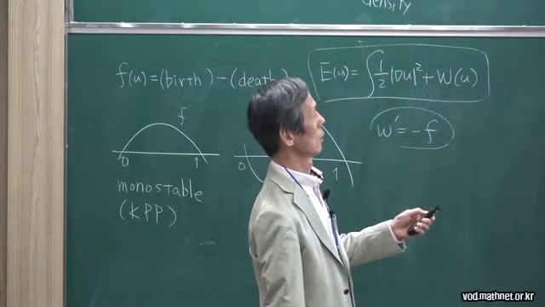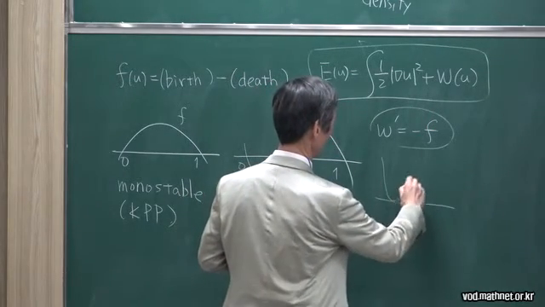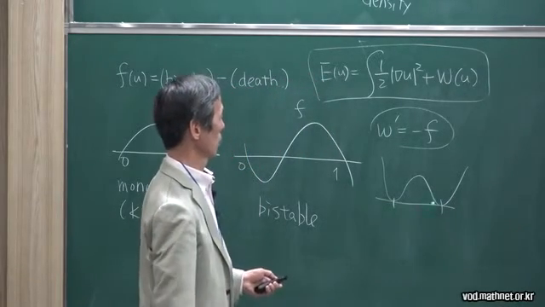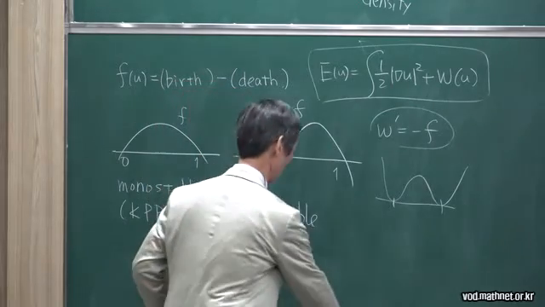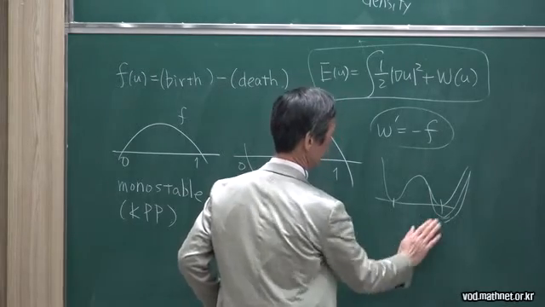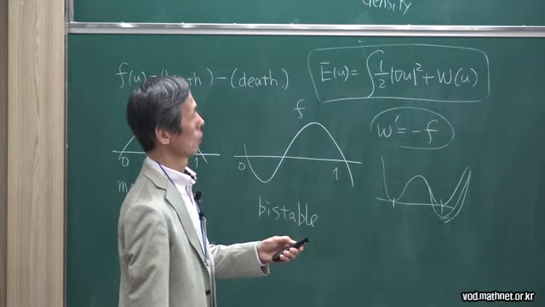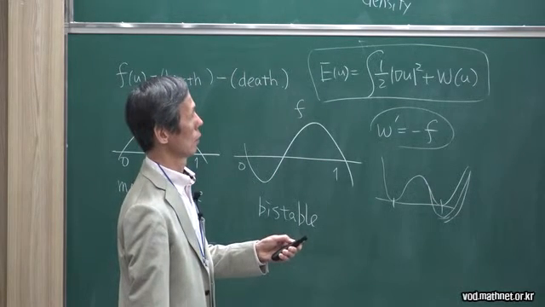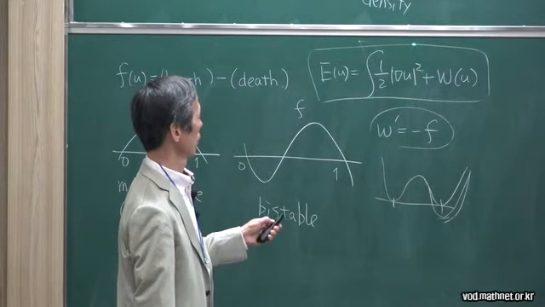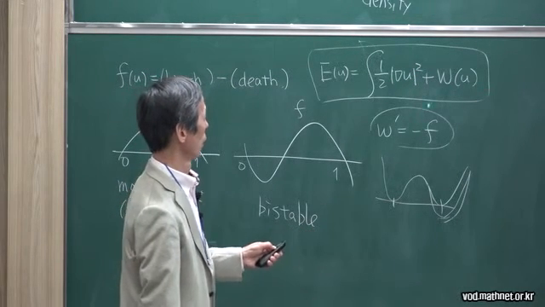Where it is flat, I'm talking about the case where W has equal depths, the flat part has the same potential. So this part has lower energy. There is a difference of the potential behind the front and in front of the front. And also this gradient energy is concentrated more or less on the front.